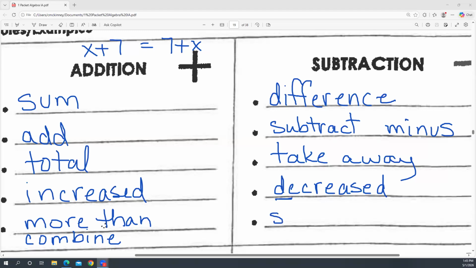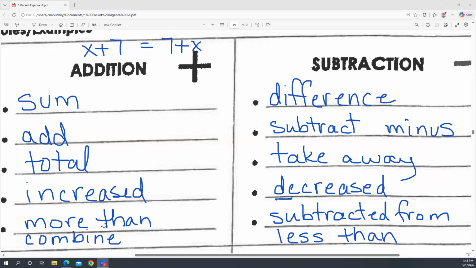And subtracted from and less than. Not is less than, just less than. And these two we're going to talk about again as we go down the page, because there's going to be something special about how they are arranged.